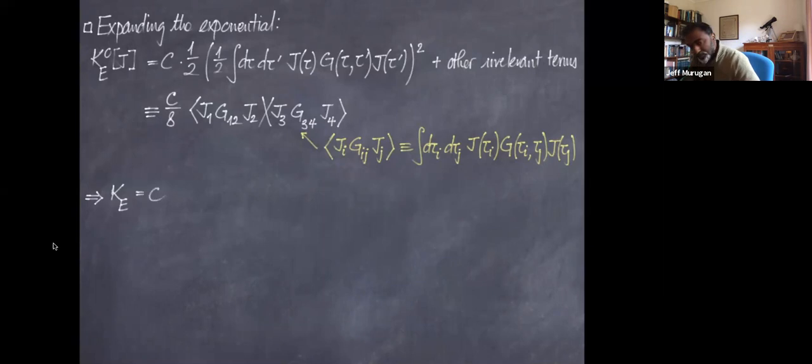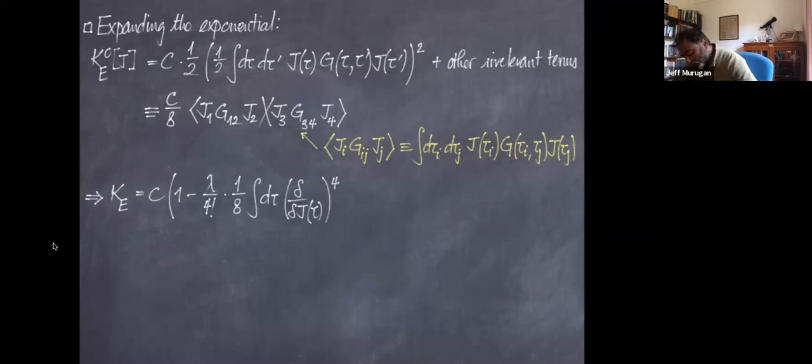It is just C, the overall constant, times 1 minus lambda over 4 factorial times 1/8 integral over tau, 4 functional derivatives with respect to J. In fact, I should be precise here, with respect to J of tau, acting on J1 G12 J2 J3 G34 J4, like such.